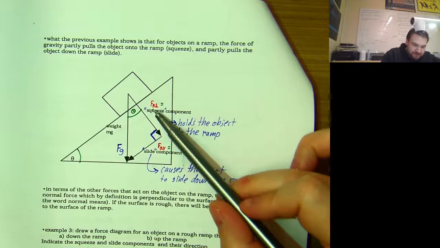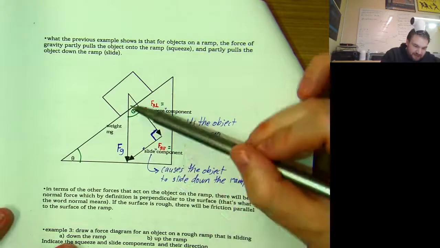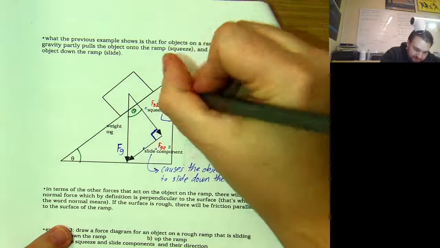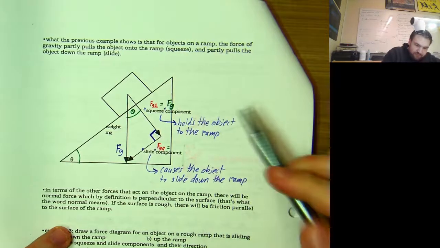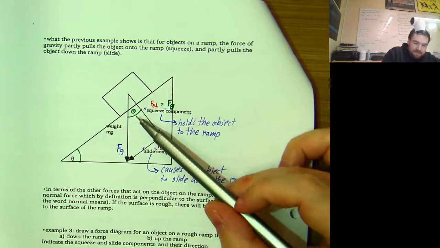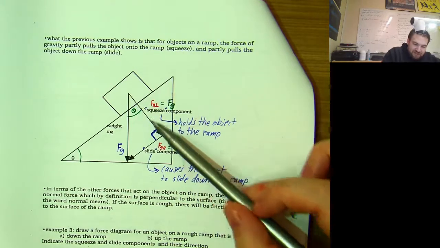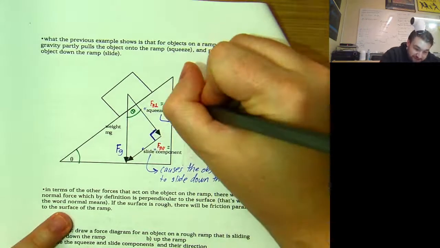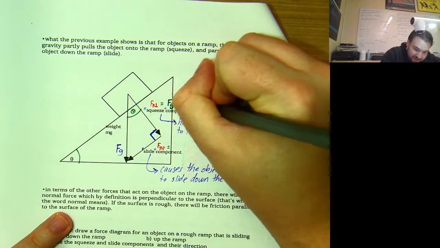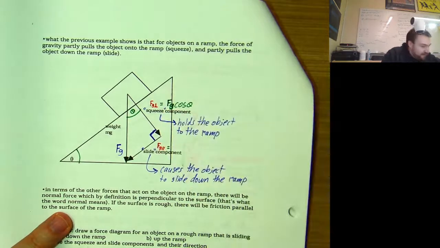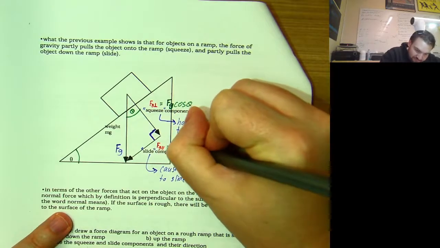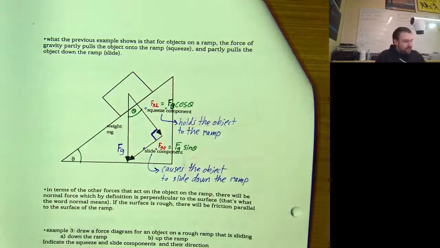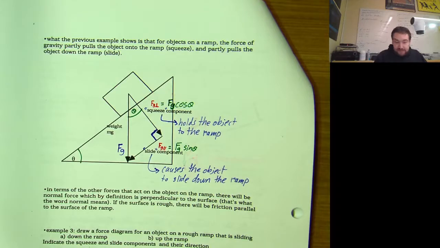In general, FG perpendicular is going to equal, this is the hypotenuse, so that's going to be big FG. And this is adjacent to that angle. So adjacent is cosine. It's going to be FG cos theta, which means FG parallel is going to be FG sine theta.